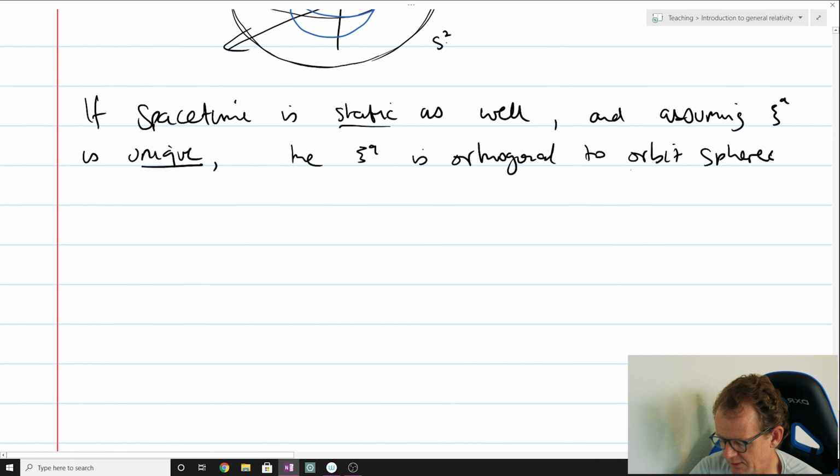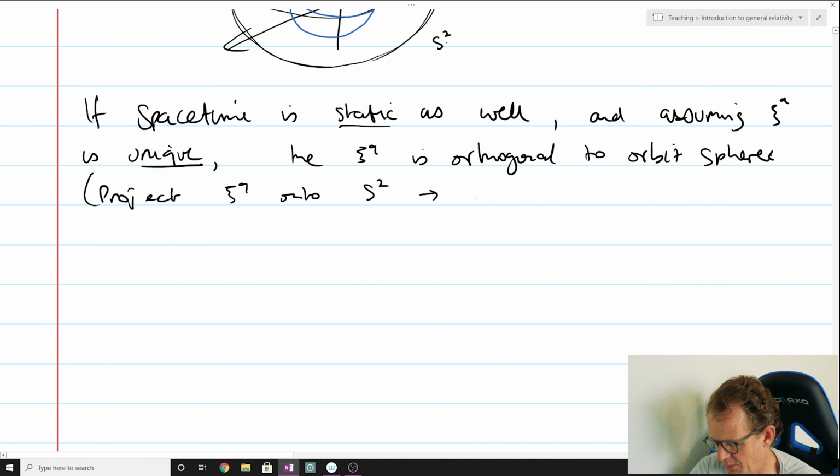So in the case that xi is unique, then these xi's are orthogonal to the orbit spheres. And why is that? Well, if you project xi onto one of these orbit spheres, this has to be invariant, but the only invariant vector field on the sphere is the zero vector field.